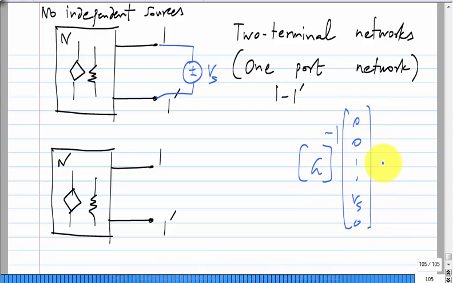If the kth row is Vs, then it will be the kth column times Vs. That's the solution. Anyway, we are dealing with linear circuits, so with a single source, everything will just be proportional to that one source. Similarly, if you have a single current source, every branch voltage and branch current will just be proportional to Is, as long as we don't have any other independent sources. Is this fine?